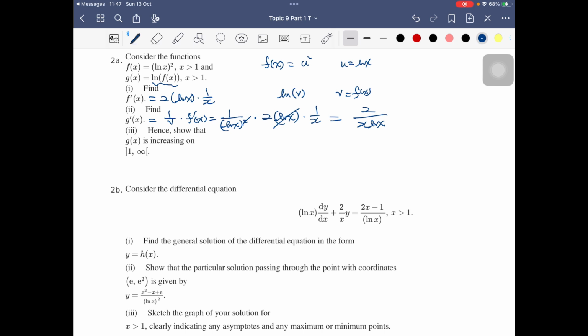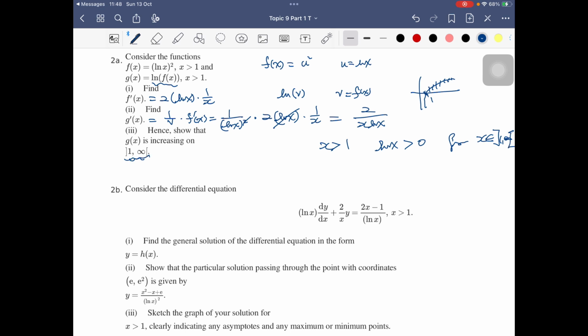Now show that g of x is increasing on 1 to infinity. On this interval, x is larger than 1, so ln x is larger than 0, because the graph of ln x is positive after 1. So ln x is larger than 0 for x from 1 to infinity.